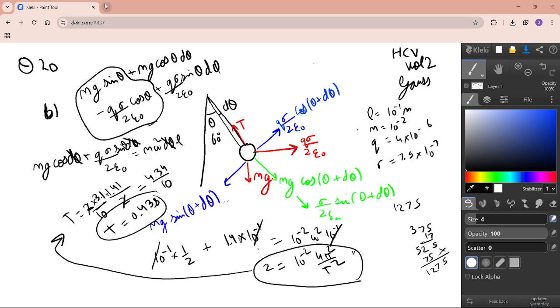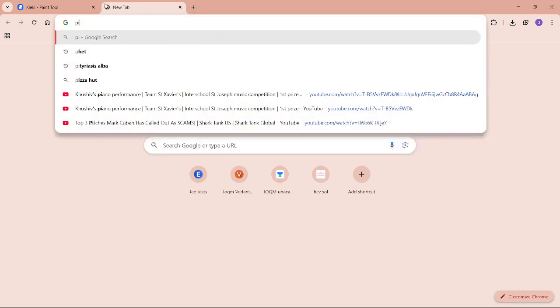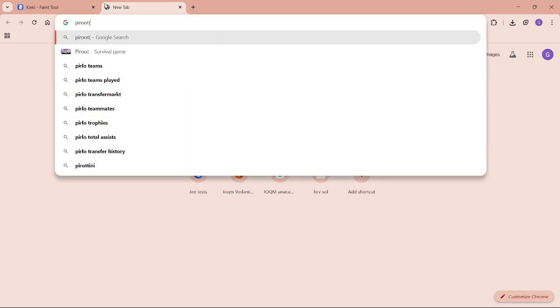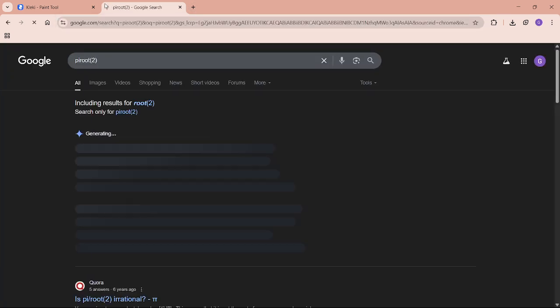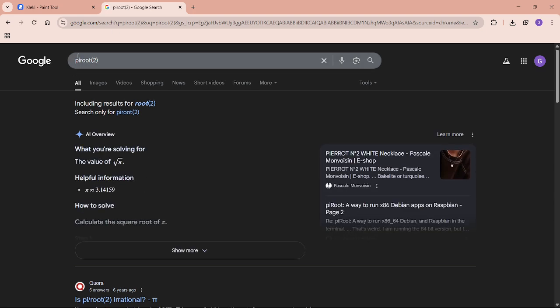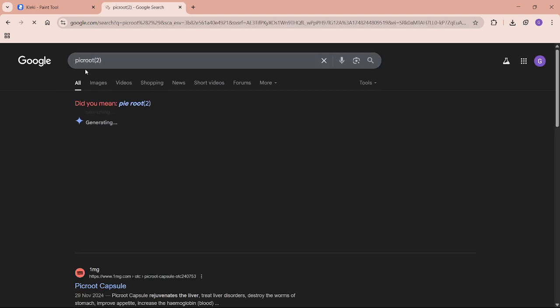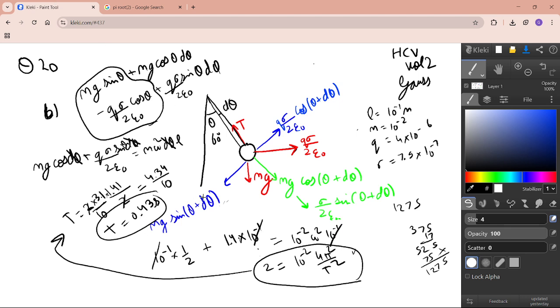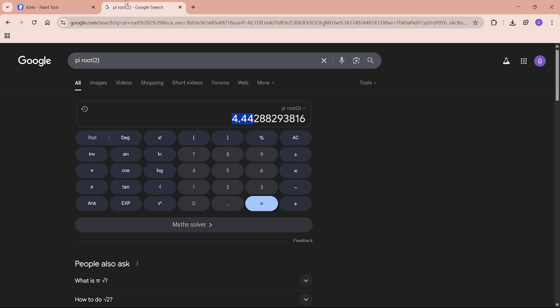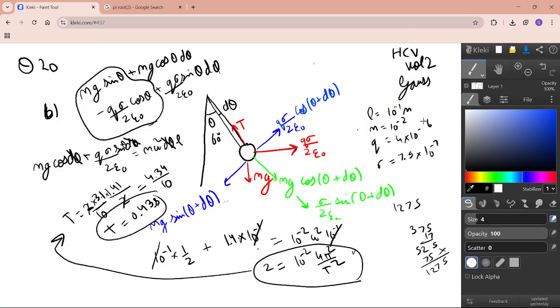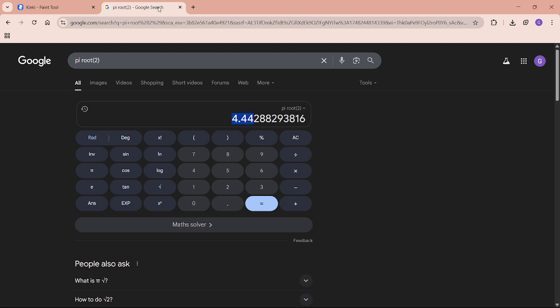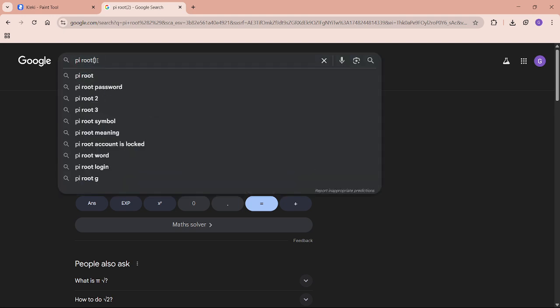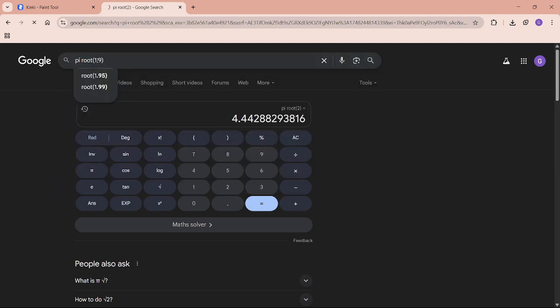Please check it. It's root 2 pi, basically. Pi root 2 is 4.44. The answer is going to be 0.45, and that much approximation is all right. Actually, approximating that value to be 2, it should be 1.9.